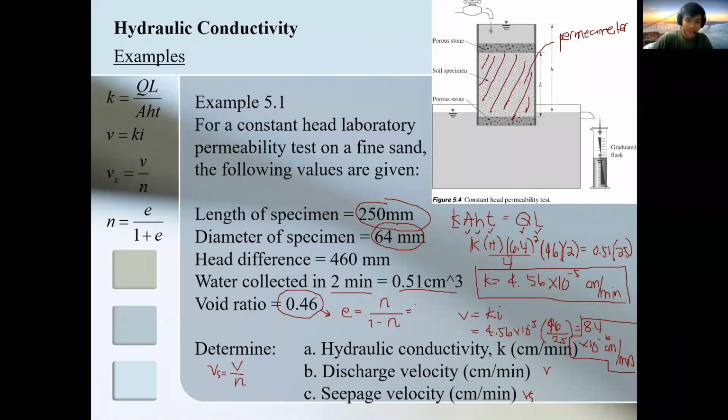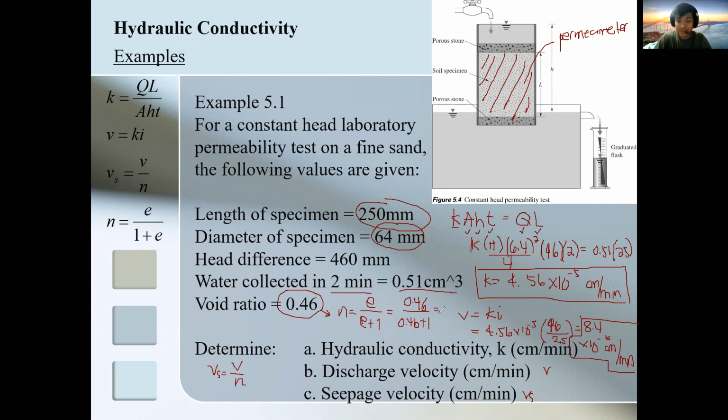Since we are looking for n, the formula should be the same. So n is 0.46 all over 0.46 plus 1. That's your n.